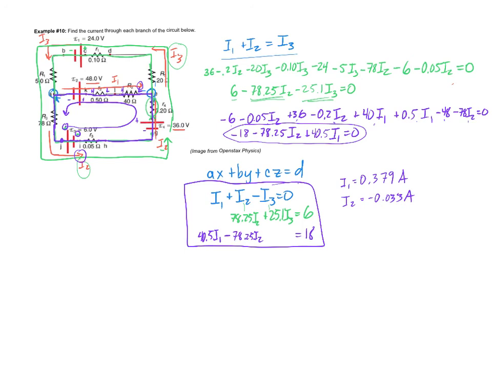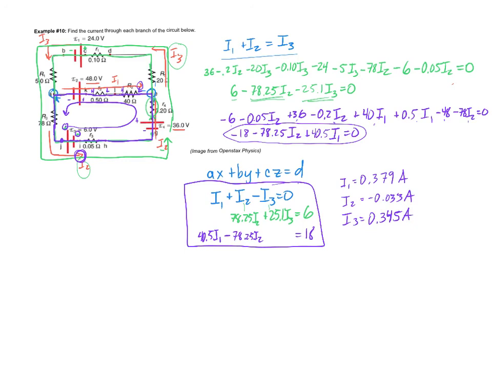It means that current 2, instead of going counterclockwise, is actually going clockwise, and that's fine. And then I3, I got 0.345 amps. All right, and there is a little bit of discrepancy because of the rounding there. That's fine.